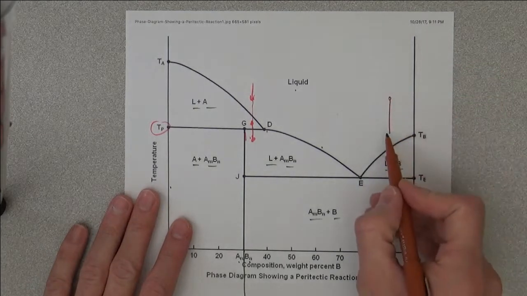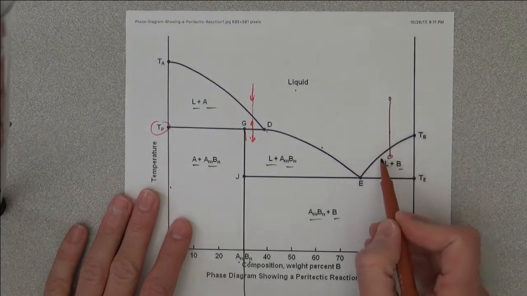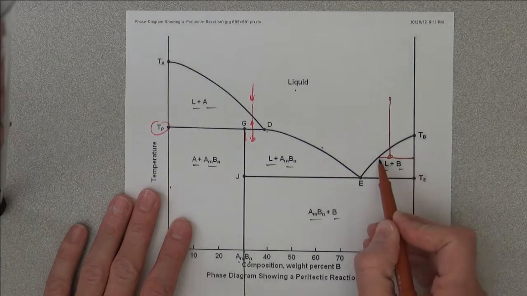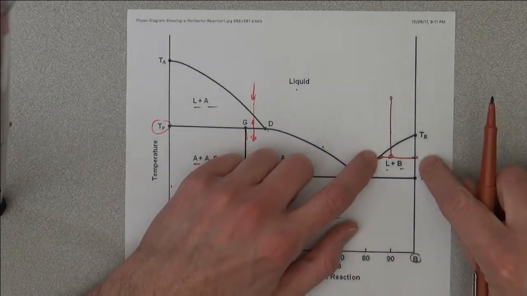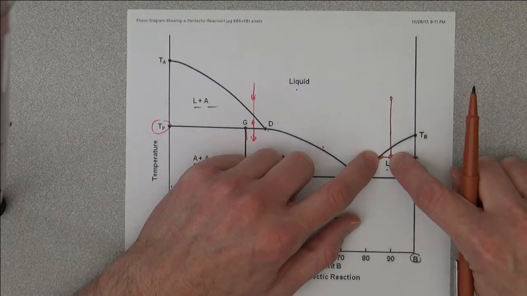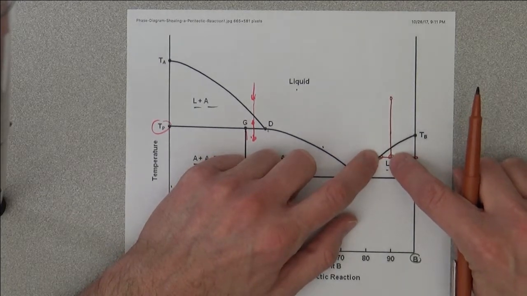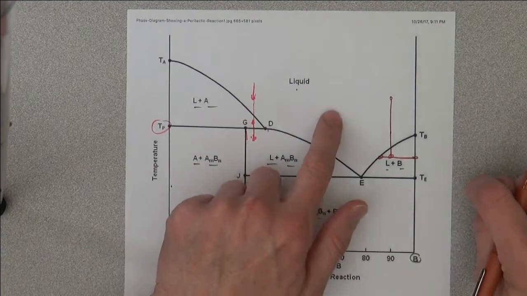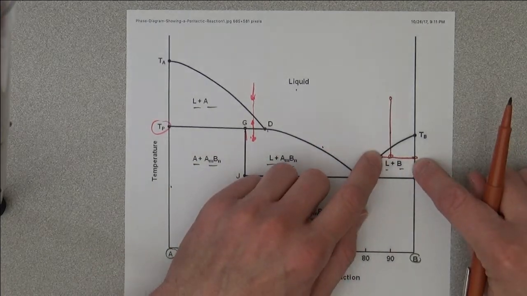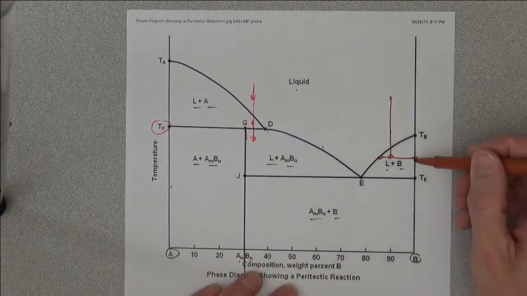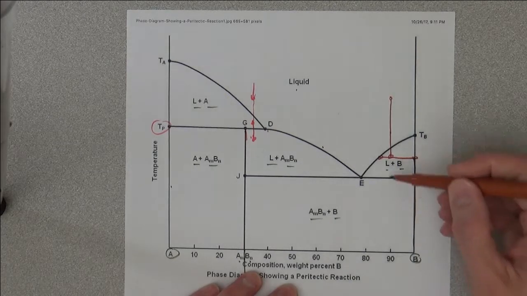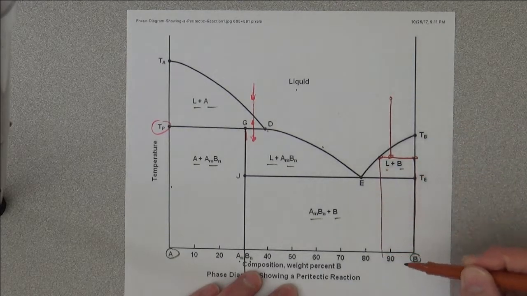You come down, drawing a tie line, identifying the phase fraction of B by taking this divided by this, the phase fraction of liquid, that divided by that, and then the composition of B from there, and the composition of liquid from there.